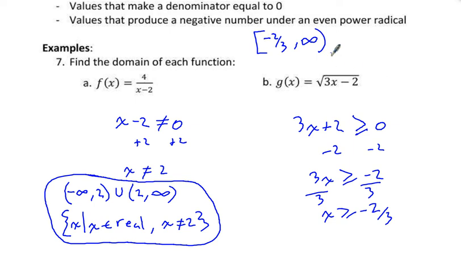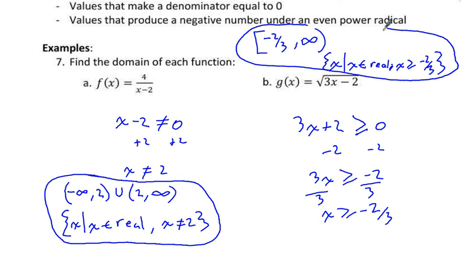In set builder notation, the set of all x such that x is an element of the real number set where x is greater than or equal to negative 2/3. Again, either way of writing that would be acceptable.